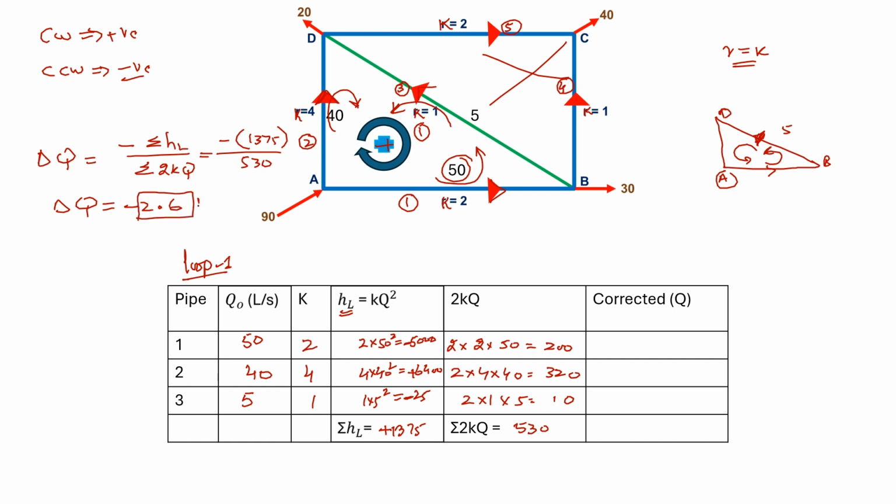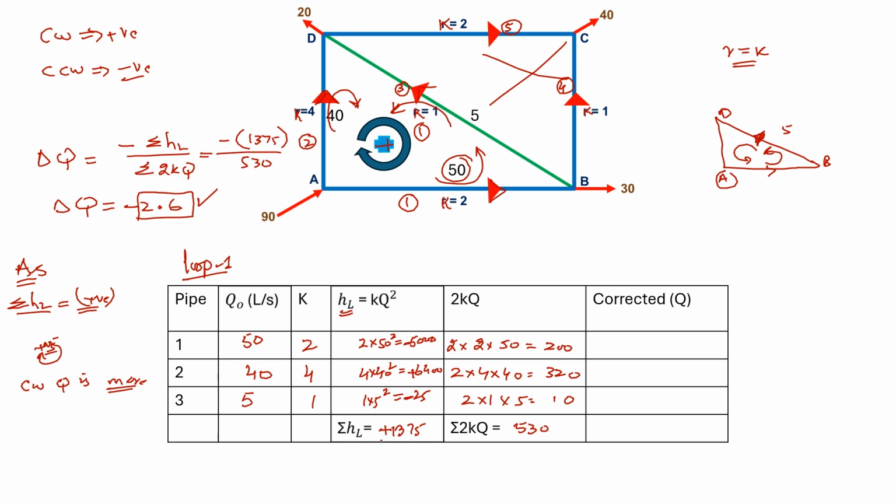What will we do with this one? This HL will let us know what to do with this 2.6. Summation of HL is positive. What does this mean? Because we are taking clockwise discharges as positive, and HL has a positive value, it means that clockwise Q is more, meaning positive discharges are more.